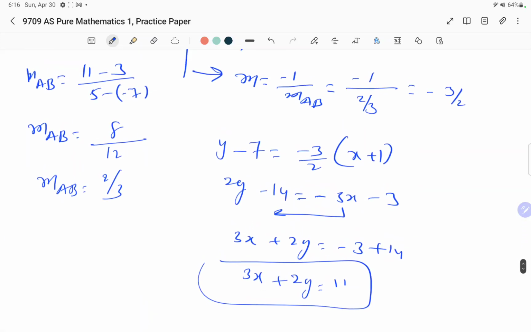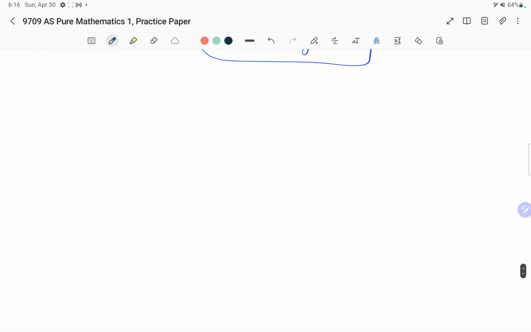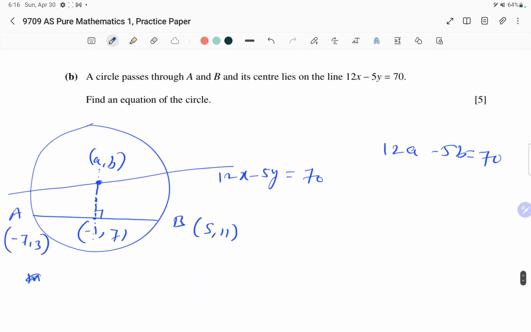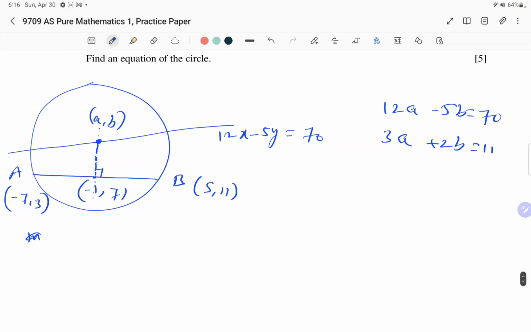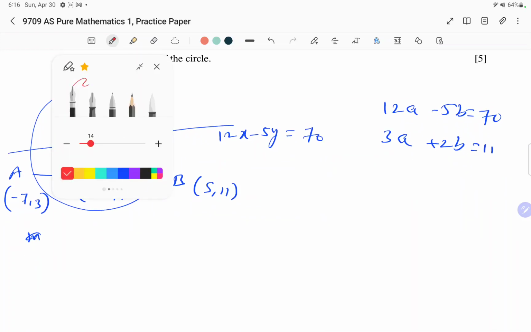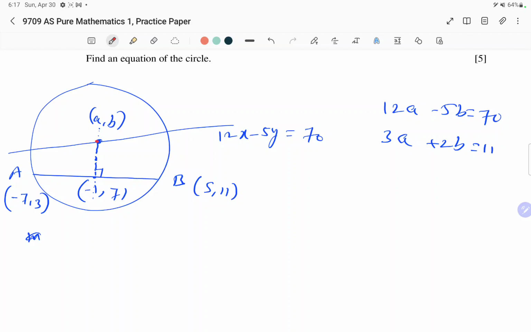What was that? 3x plus 2y equals 11. Instead of y we have to write b, because please try to understand: the center lies on this line, and the center will lie on the perpendicular bisector also, so (a, b) will satisfy this line.